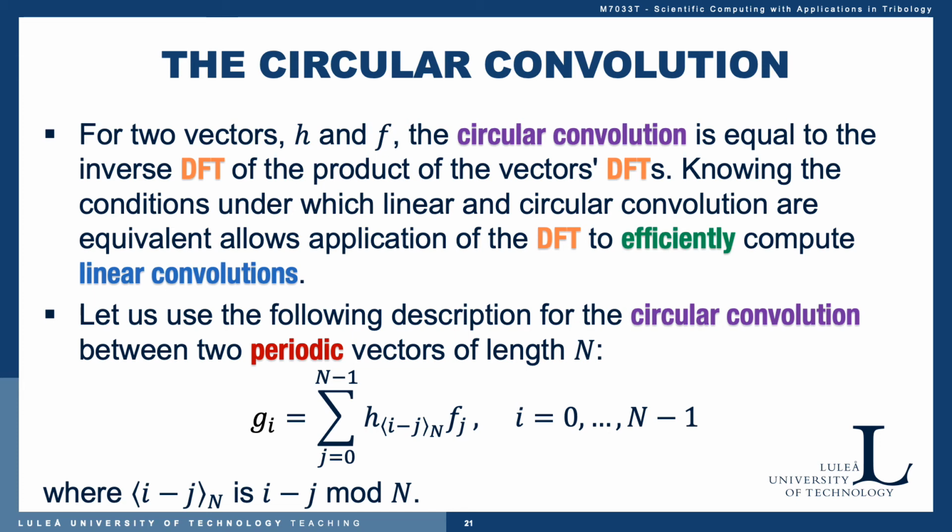Okay, from now on we will use the following description for the circular convolution between two periodic vectors of length n. So now we have two vectors, they have the same length, and the length is n. The definition reads that the circular convolution g between those vectors is given by the sum of h, and instead of just i minus j, we now put i minus j modulo n.